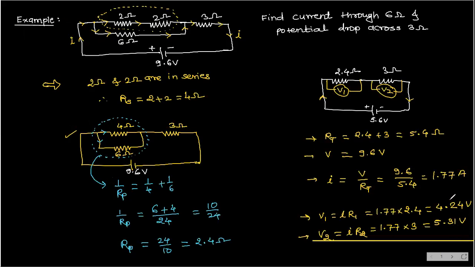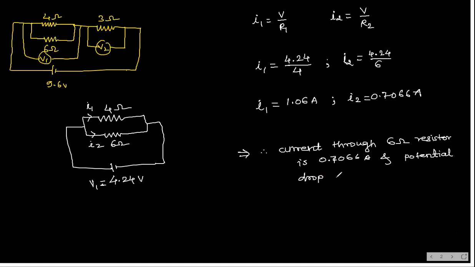So the potential drop across 3 ohm is how much? 5.31. Yes. The potential drop across the 3 ohm resistor is 5.31 volt.